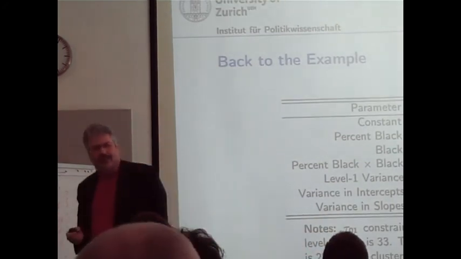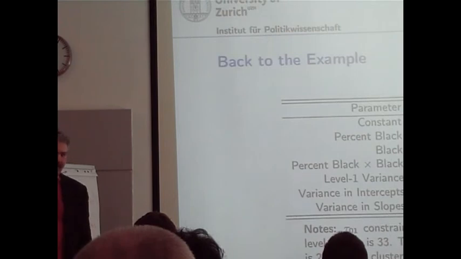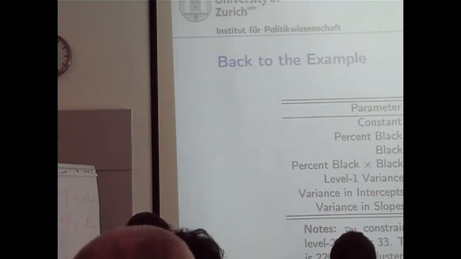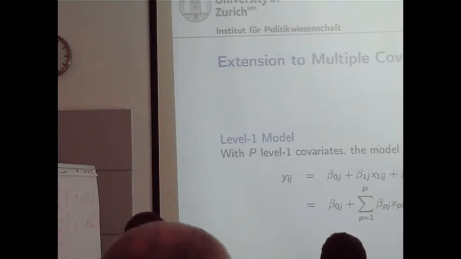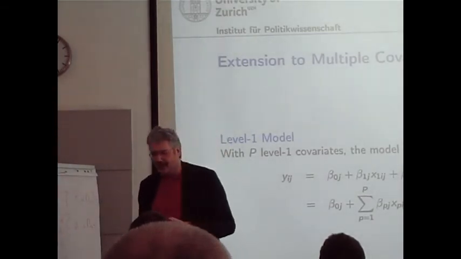I think the estimate that I get in return there is something like 1 point something times 10 raised to the power negative 8. Now we can generalize this by saying, well, usually we have more than one level 1 predictor and more than one level 2 predictor.